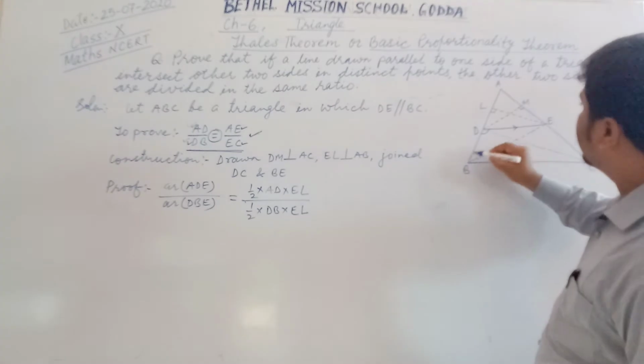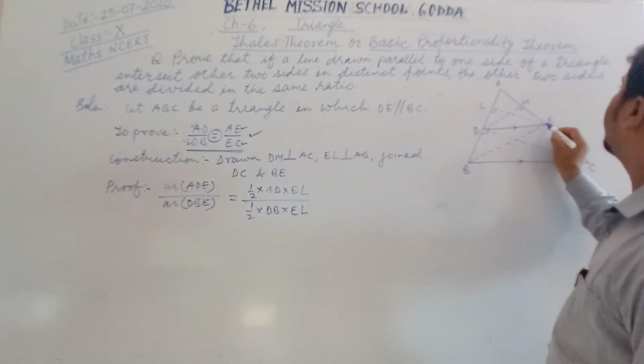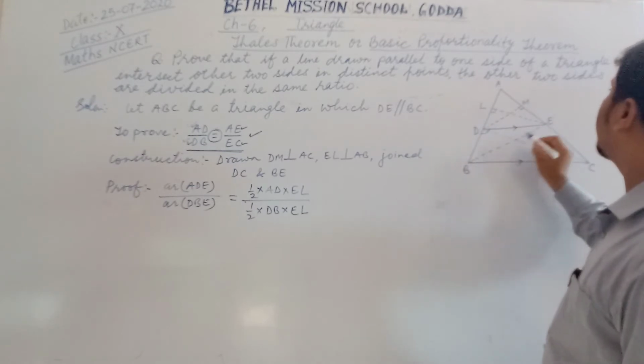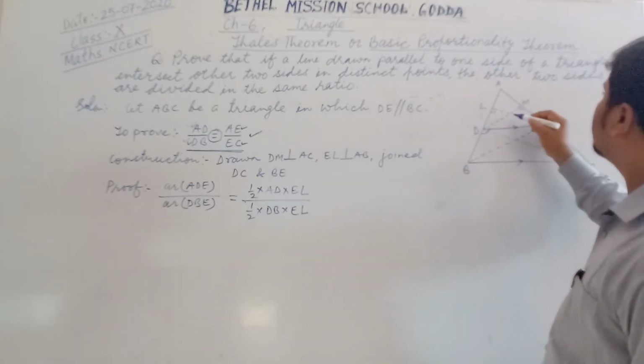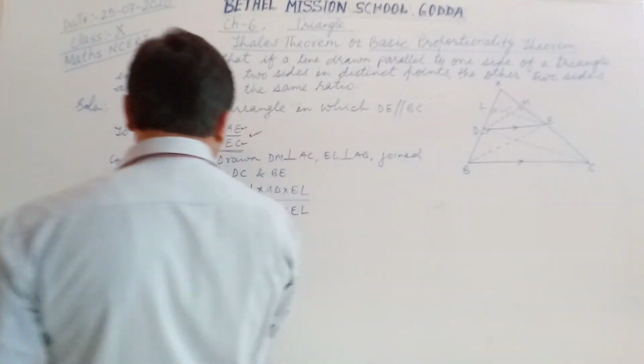You can see DBE is an obtuse triangle and EL is just outside of it, so this altitude is for triangle DBE also.